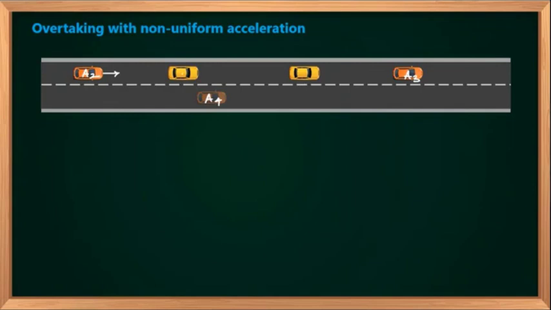This is simple logic, B1 and B2. So what is this A2 doing? He is going at a speed of VB. B1 is also going at a speed of VB only. So he is overtaking. He is trying to go to the next lane.